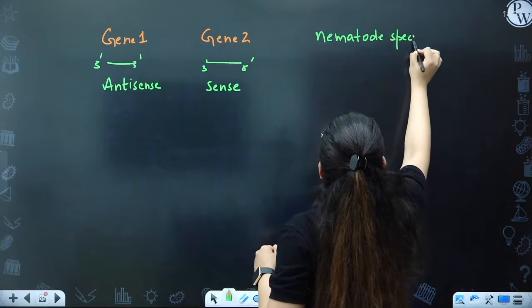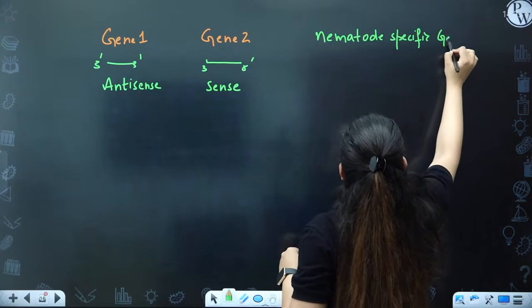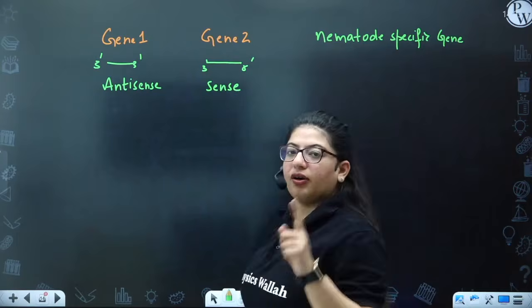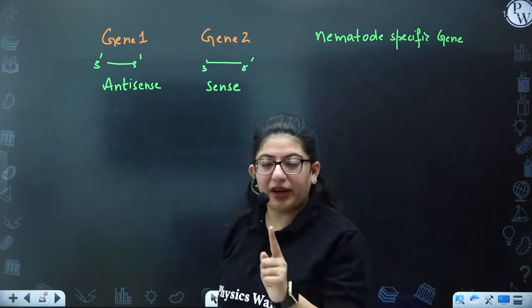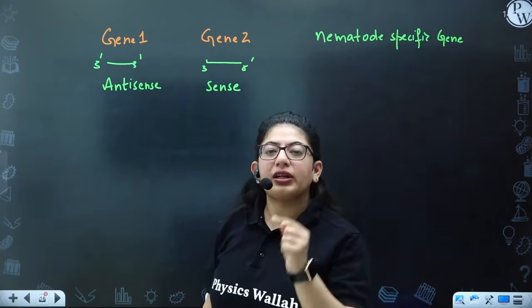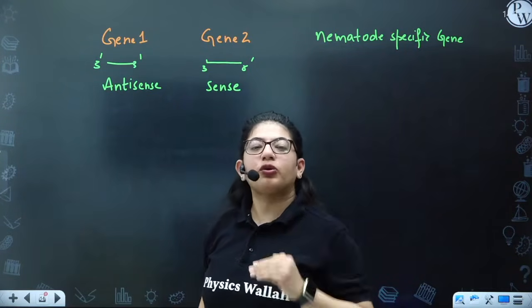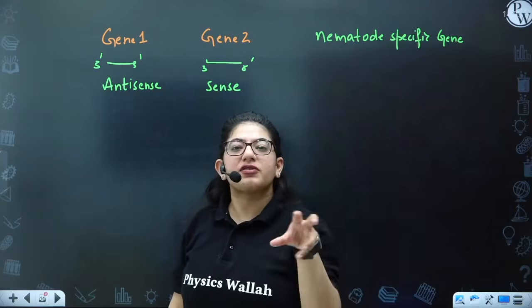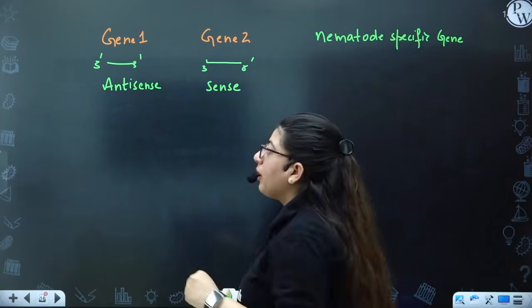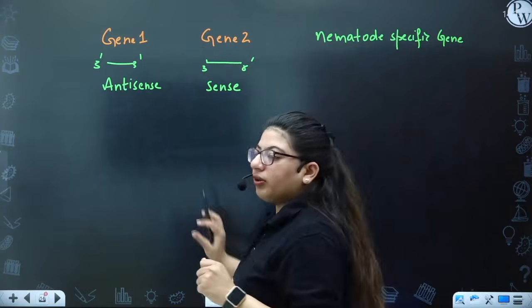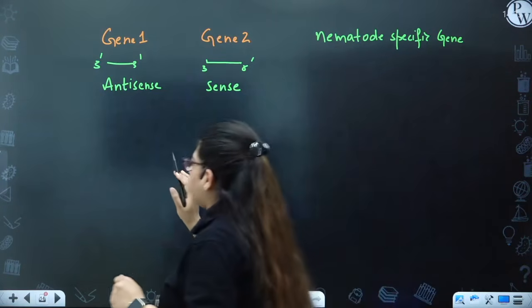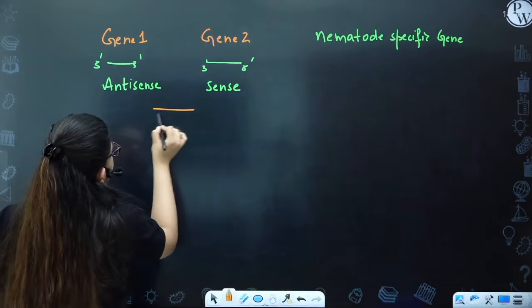We have to see what is the mRNA of our nematode, right? Because if you know the mRNA of the nematode, only then you can find or form the RISC which is complementary to it. Okay, so what we did, we added a gene which is specific to the nematode, then we produce RNA out of it. Now these RNAs, they will get double-stranded.